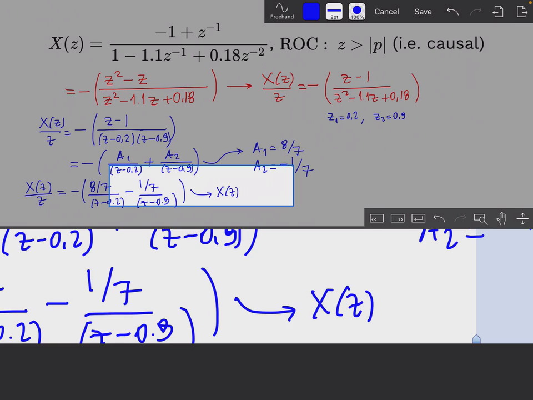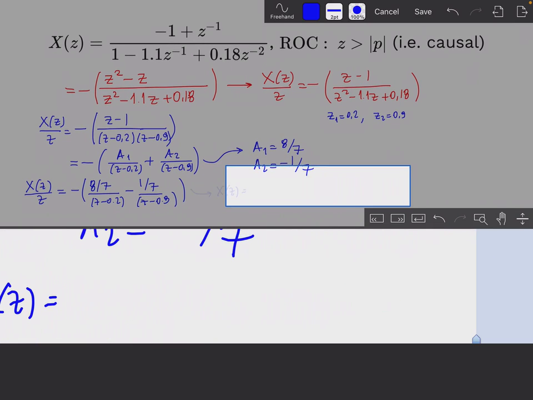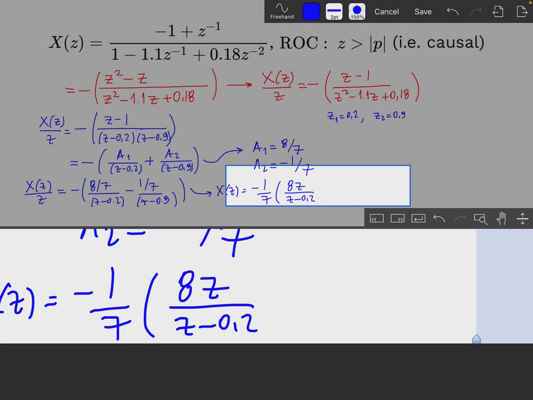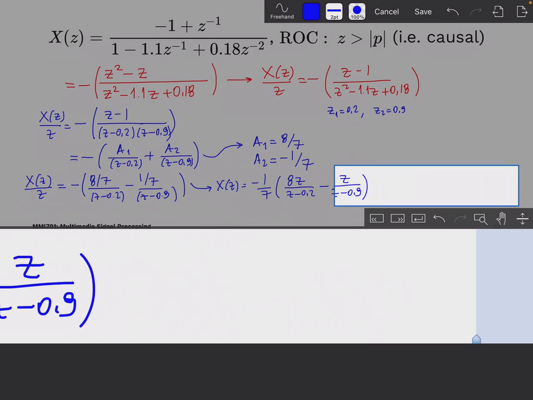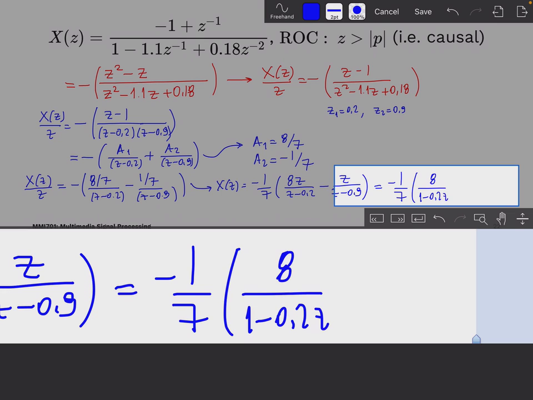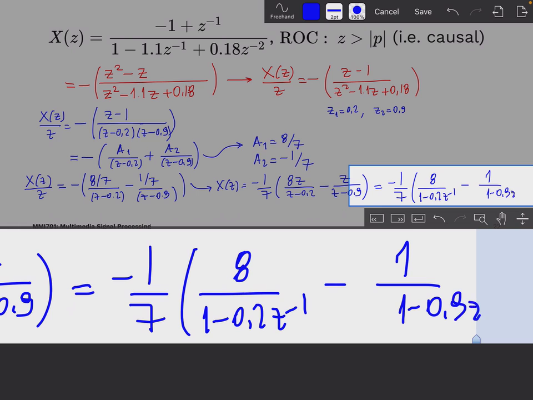So X(z) is equal to 1/7 times 8z over z minus 0.2 minus 1/7 times z over z minus 0.9. And we can divide both the numerators and denominators by z, which is going to give us 1/7 times 8 over 1 minus 0.2 z to the power -1, minus 1/7 times 1 over 1 minus 0.9 z to the power -1.